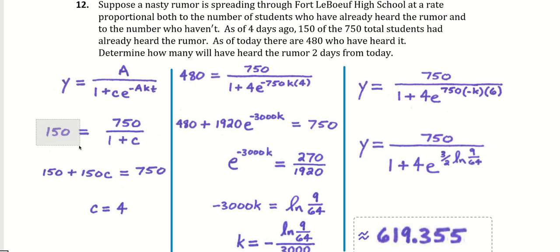So 4 days ago, I'm calling that moment t equals 0, and then yada yada yada. This is the final answer. Again, pause as necessary. Oh, this says, if you can't tell, over 3,000. Oh, man. If that got cut off a little bit, that's over 3,000.